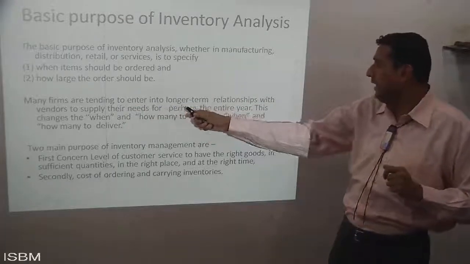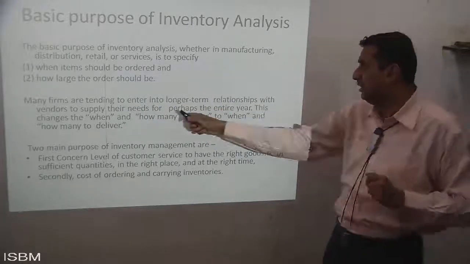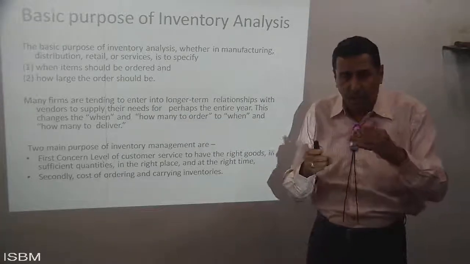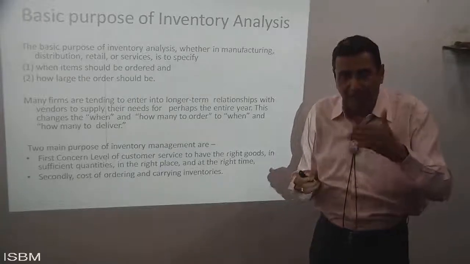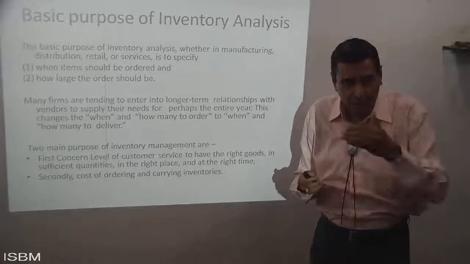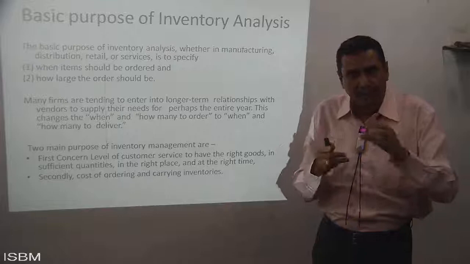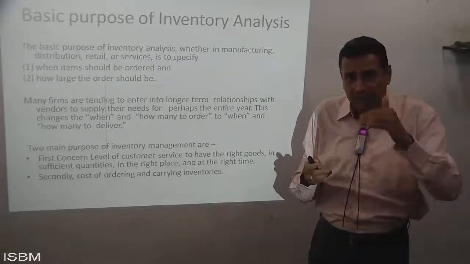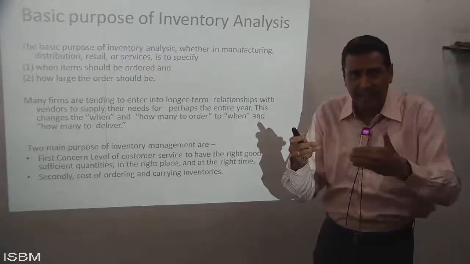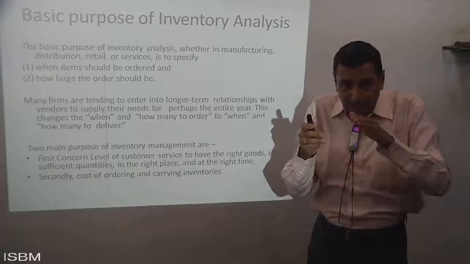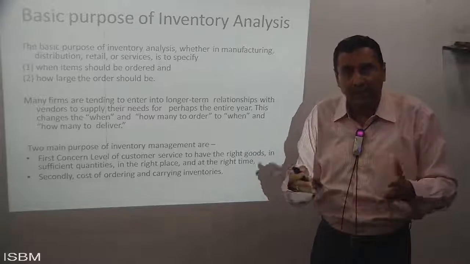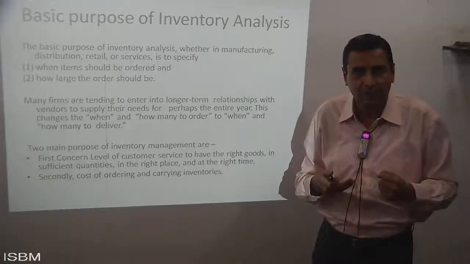Many firms tend to enter into long-term relationships with vendors to supply their needs for perhaps the entire year. What happens? Instead of ordering raw materials, inventory or consumables frequently, the company enters into a contract, typically an annual rate contract with the supplier, so that they supply these items regularly at periodic intervals, and the company need not maintain a huge quantity of inventory on the shop floor.